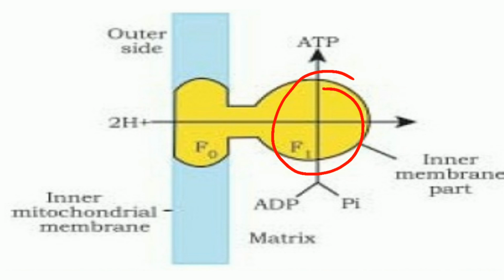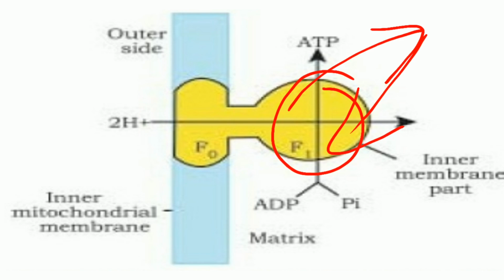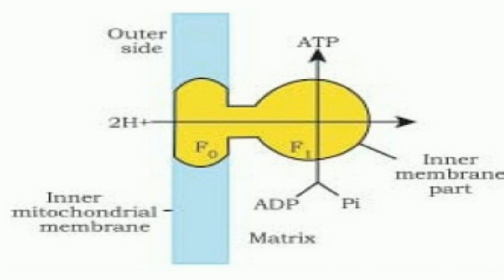It is formed at the headpiece of the ATPase complex within the matrix of the mitochondria, and then it is transported to the cytosol in exchange for incoming ADP from the cytoplasm. They keep on moving towards the mitochondria, and ATP is released in the cytosol, which is the energy currency of the cell.